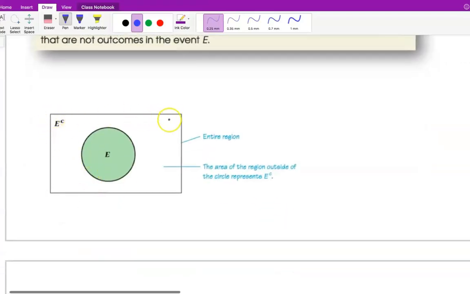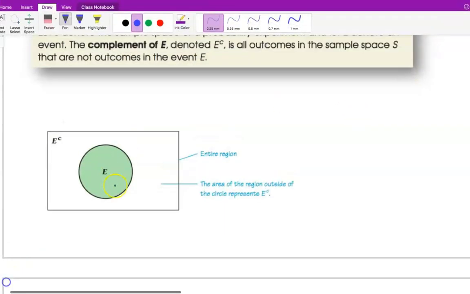So here this rectangle is our sample space. Here is our event E. Let's say here on this event E, for example, we have even numbers. And in this rectangle we have all numbers, all natural numbers, for example.